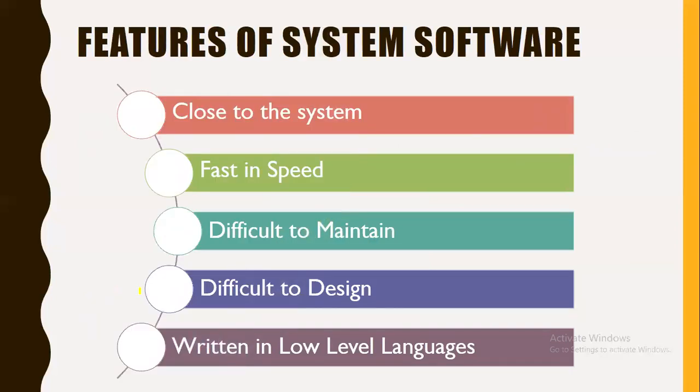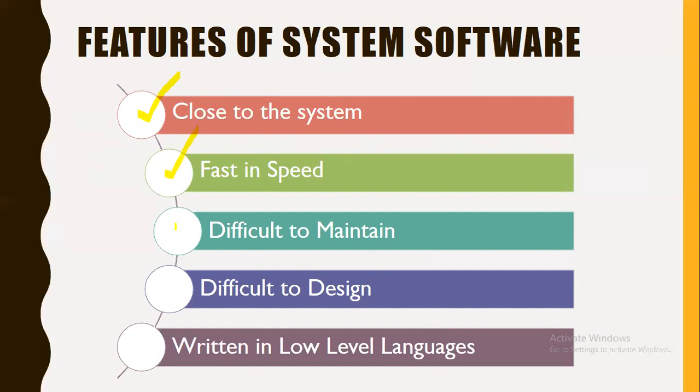Before starting the concept of the operating system, here is a list of the features of system software. System software are basically close to the system. That's why they are known as the system software. They are fast in speed.